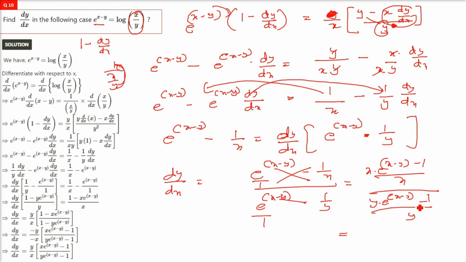The denominator will go up, so it will be inverted. So y by x by y will become y by x, and this we have x into e to the power x minus y minus 1. So this is y x by y and e raised x minus y minus 1 divided by e raised x minus y minus 1. So let us take this. This is your final answer.